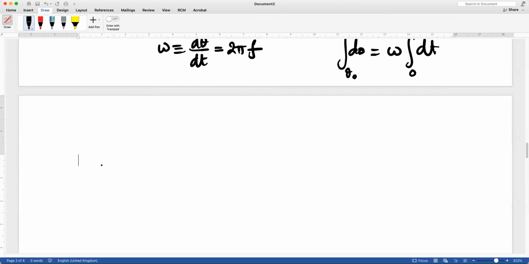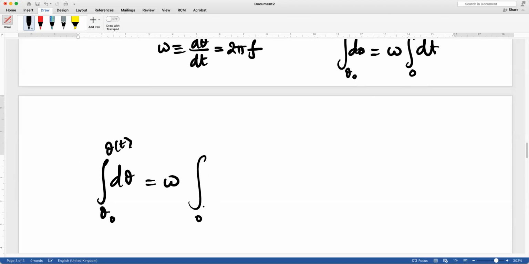So we have integral d theta, theta naught to theta of t, which is actually equal to omega integral 0 to t dt.